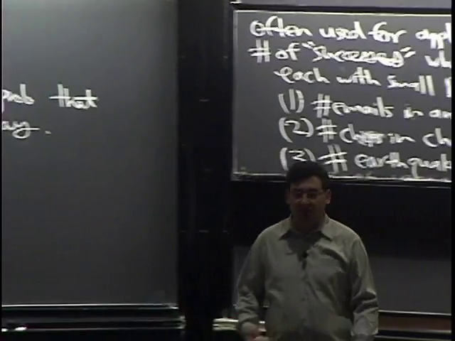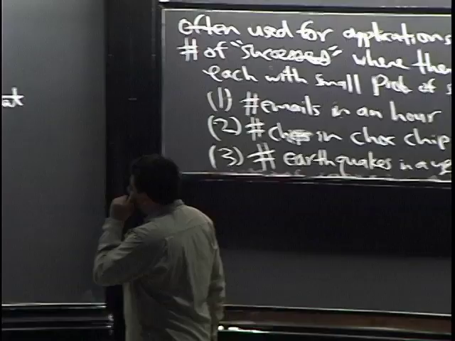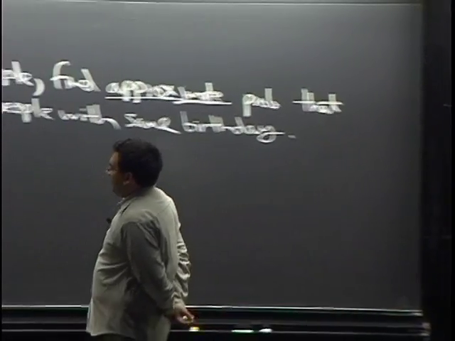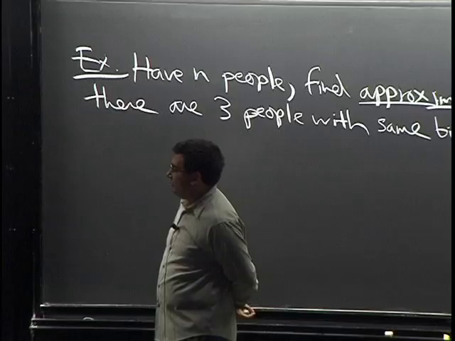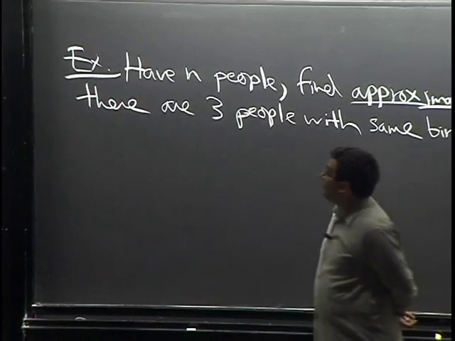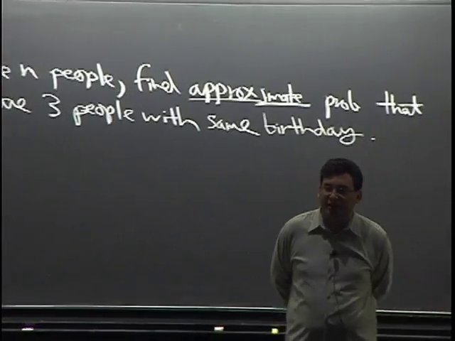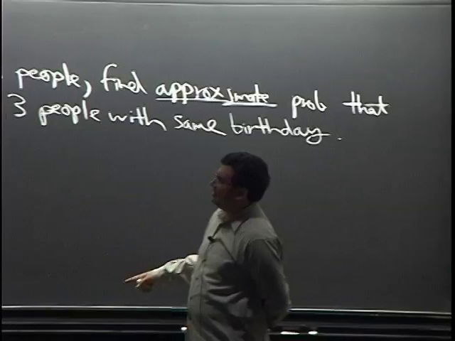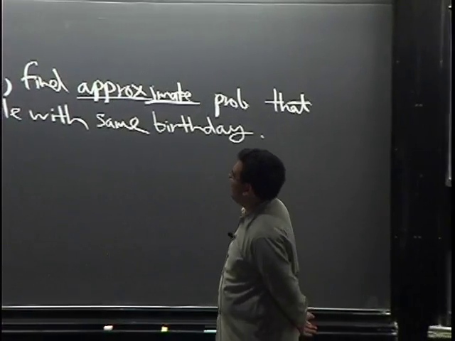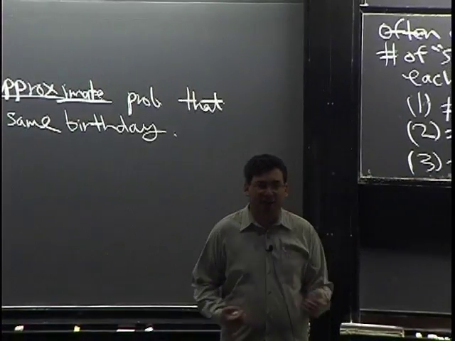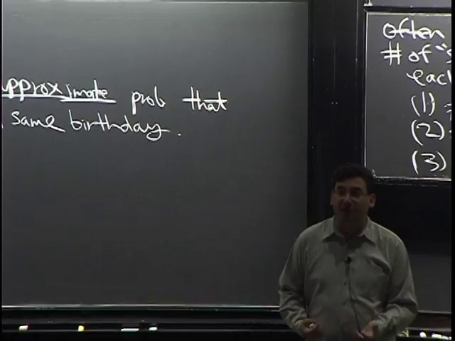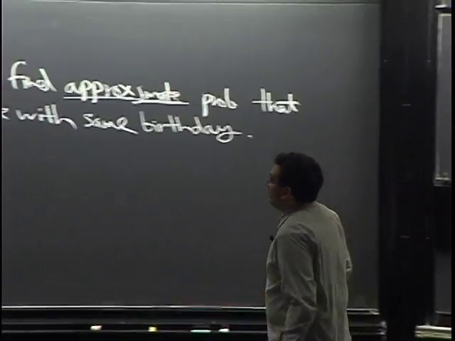So let's go through how to do that. So we want 3 people to all have the same birthday. Let's just think about what that means. And first of all, does this Poisson paradigm seem appropriate for this problem? Okay, so let's think about that.